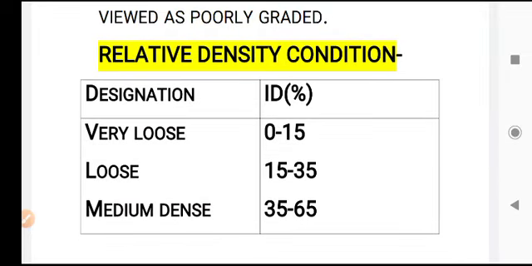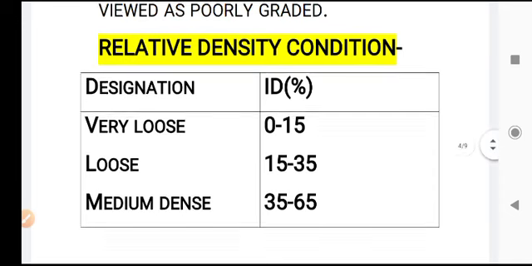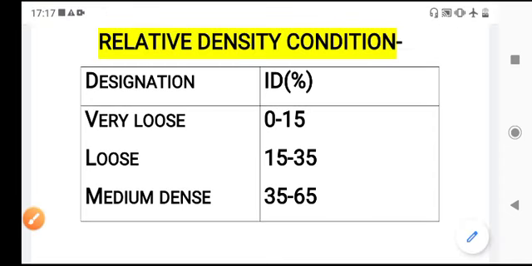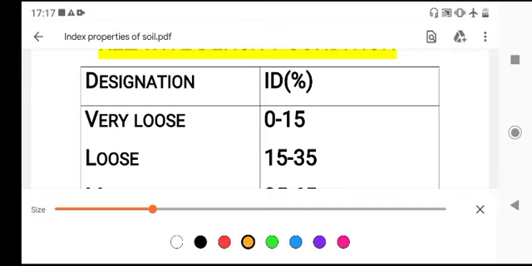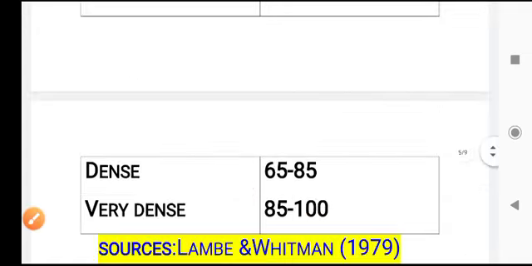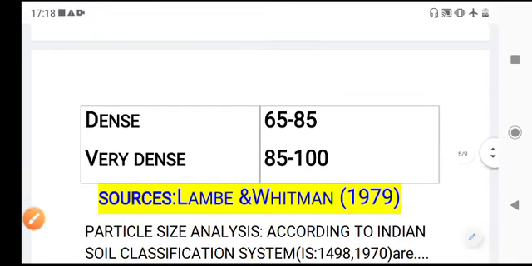Relative density condition: very loose 0 to 15%, loose 15 to 35, medium dense soil 35 to 65, dense soil 65 to 85, and very dense 85 to 100%.